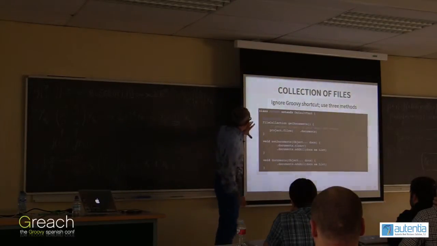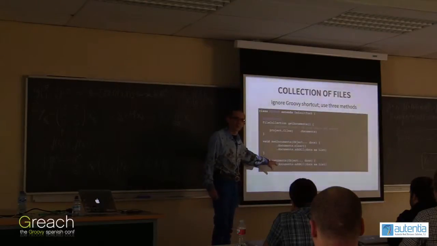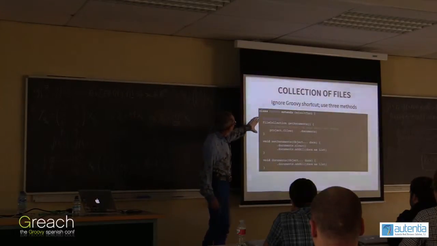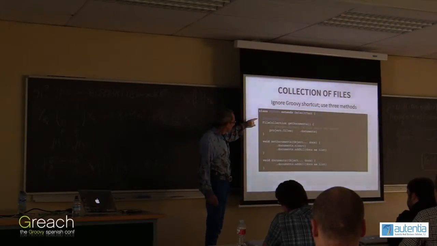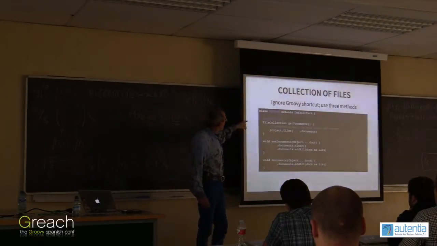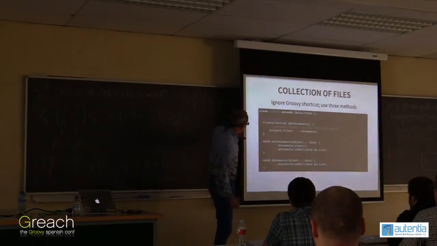So I am actually going to create a thing that says get documents, set documents, and I'm going to create another one called documents. And the next thing we have to do is, you don't put an annotation on the property, you actually put it on the getter. It's pretty simple in reality.